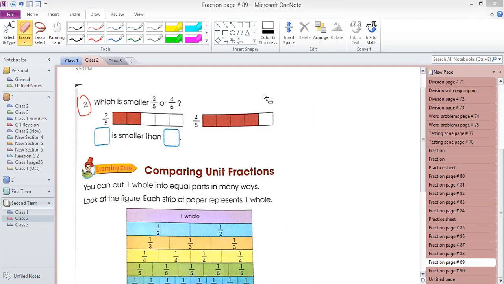Exactly, guys. 2/5 is smaller than 4/5 because 2 is smaller than 4. The denominator is the same, 5, so you will check the numerator. 2 is smaller than 4, so you will write here 2/5 is smaller than 4/5.